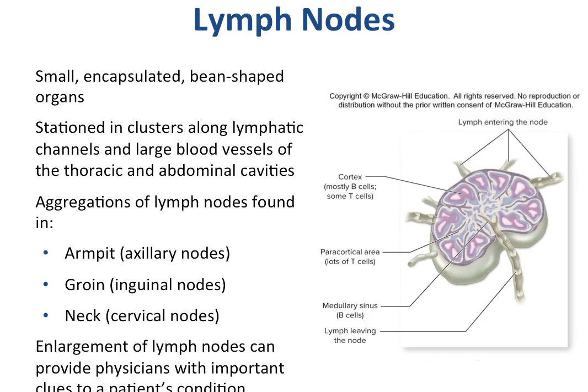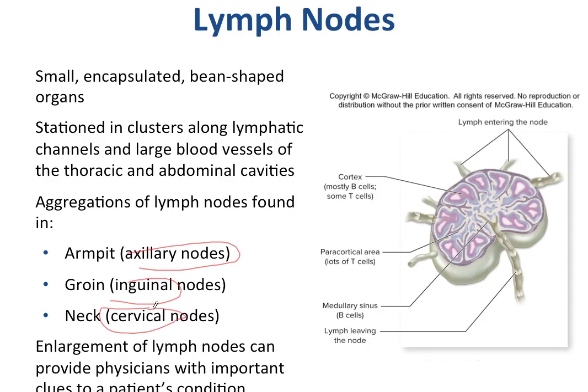So this is lymph nodes. Lymph nodes are small bean-shaped organs. The lymph nodes cluster together to form regional clusters, such as axillary, inguinal, and cervical.